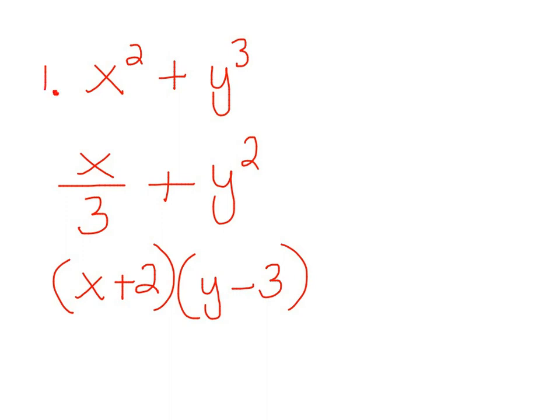Anytime you see x squared, you're going to say the square of x. So you'd write the words, the square of x. Now it's being added to y to the third, so you're not going to say plus y to the third.